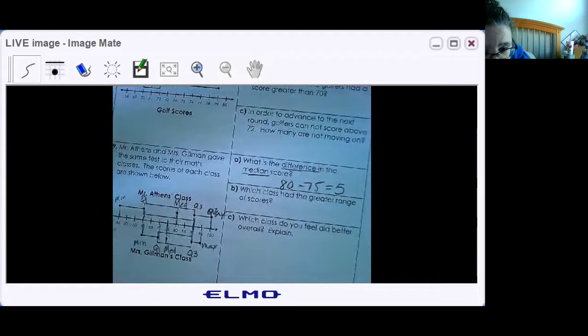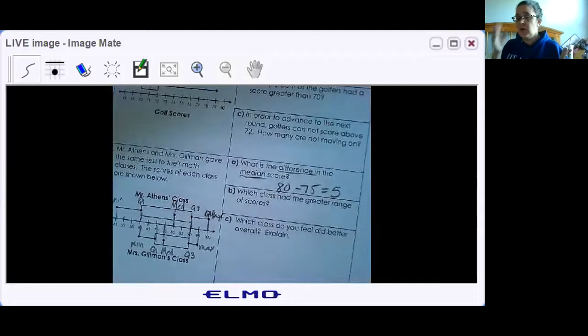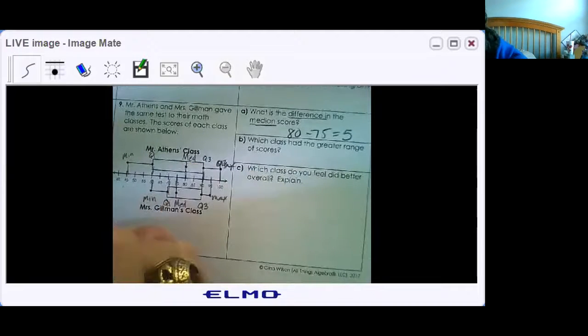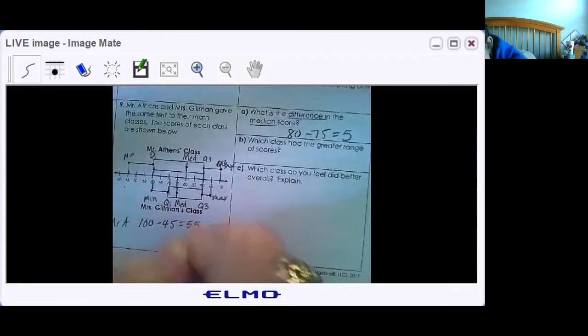Which class has the greater range of scores? Well, when we talk about just straight up range, we're talking about max and min. So this is asking which of these two graphs has the most number of steps between their maximum value and their minimum value. Well, let's see. For Mr. Athens, my max was 100, my min was 45, so it took 55 steps to get from one end of his grades to the other.